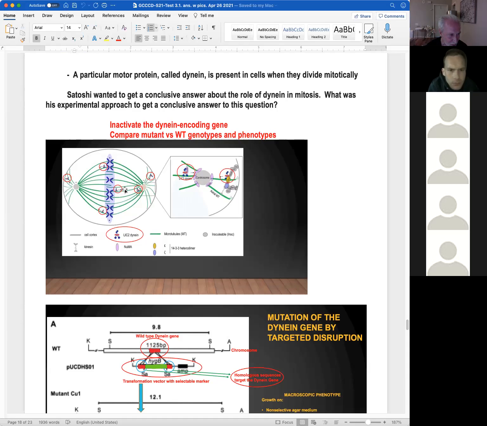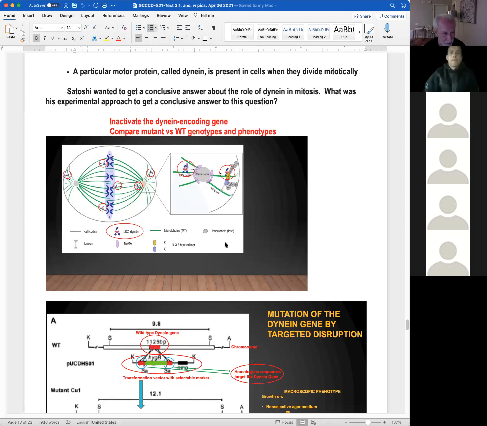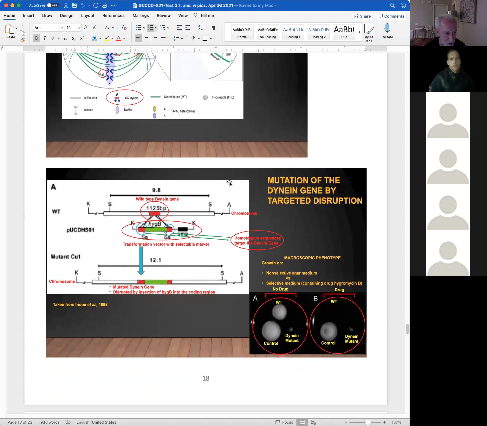And each one is walking toward the pole of a cell to the right, or walking toward the pole of a cell on the left. So what Satoshi asked is, what if I took this away? What if I made a cell that didn't have any little motors? What would happen?